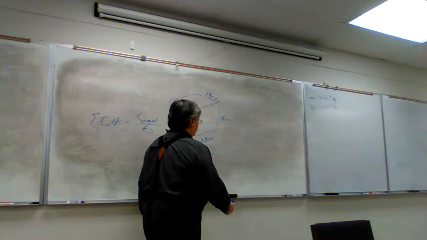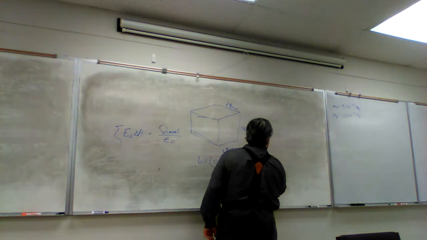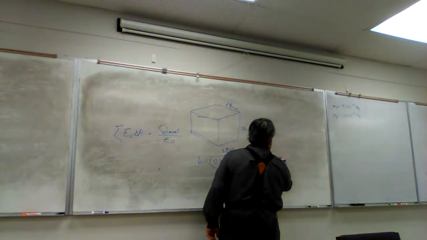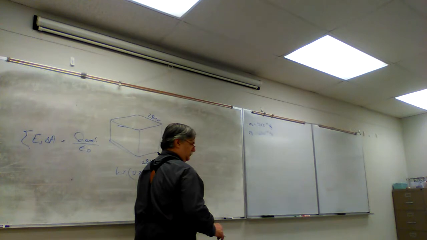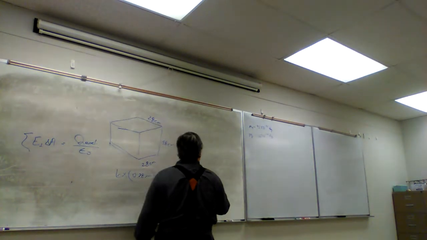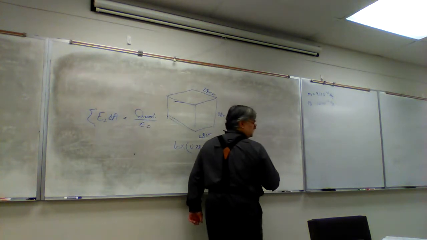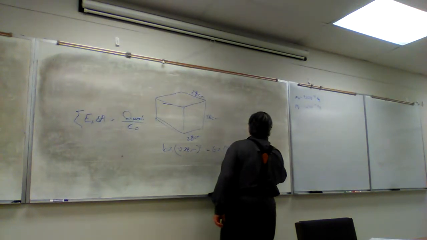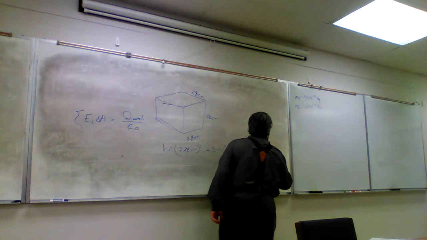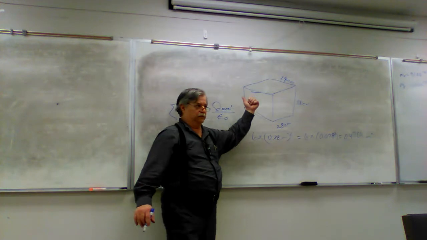What's 0.28 squared? 0.0784. Good enough. And then multiply that times 6. 0.4704 square meters. That's our total area if we add up all of the delta areas.